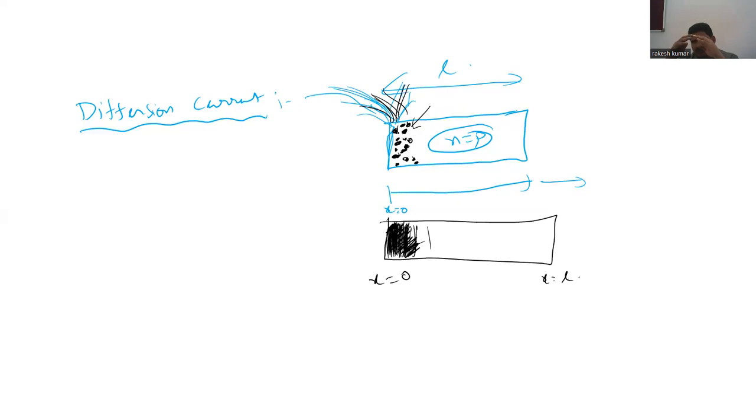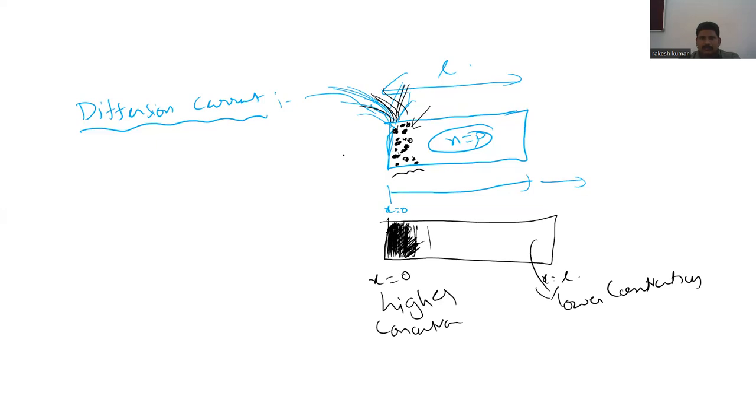Like charges repel, so slowly the electrons start moving. Since I have doped one end of the bar, the concentration of charge carriers is higher there, and like poles repel each other, so they start moving from higher concentration to lower concentration, either electrons or holes.